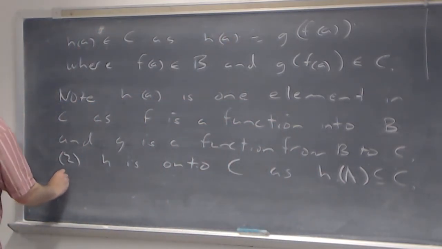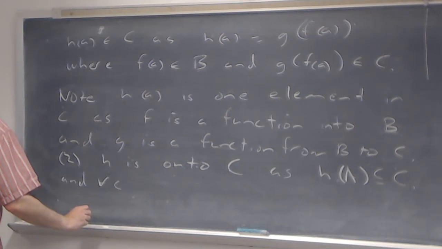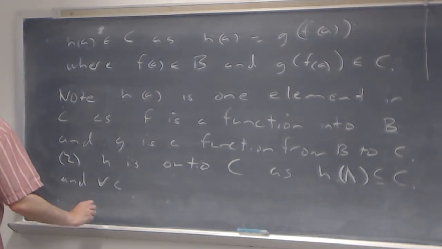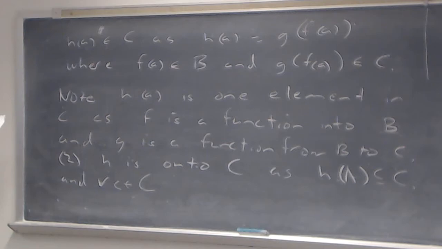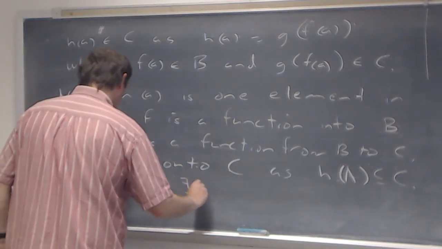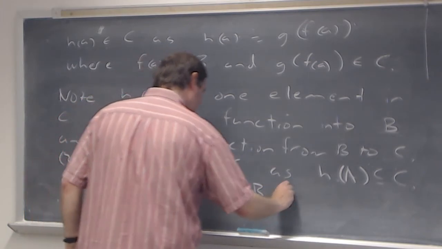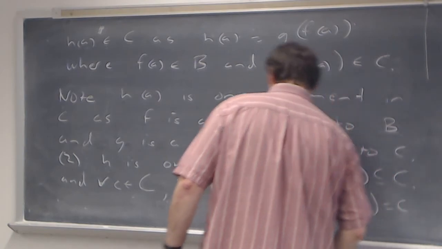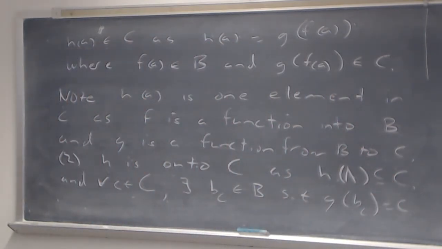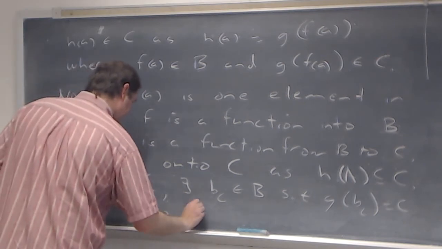And so, for every little c in big C, there exists a B sub C element of B such that G of B sub C is equal to this little c, as G is onto C.